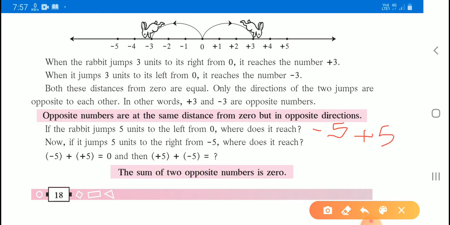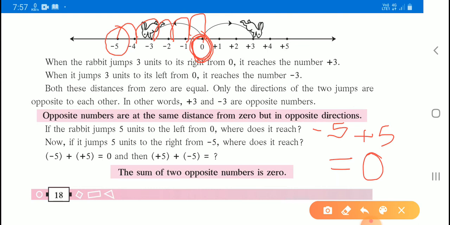Suppose the rabbit is at this position and jumps from negative 5 to the right side 5 units. Then look, 1, 2, 3, 4 and 5. So it will reach 0. That's why negative 5 plus 5 is equal to 0.